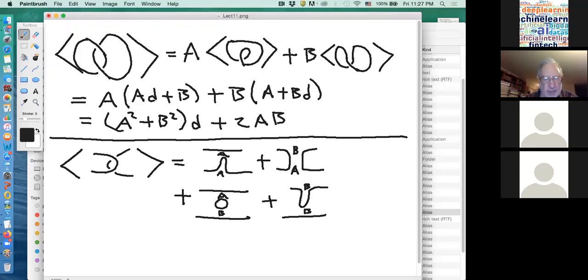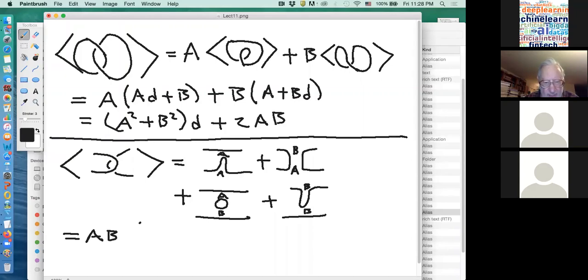So now you see that the result of this is going to be A squared times this diagram plus AB times that diagram plus ABD times this diagram and B squared. Now let's see here. These are all like horizontal line smoothings, and that's a vertical line smoothing, so I can separate them out.